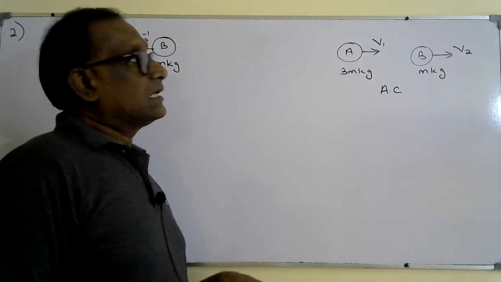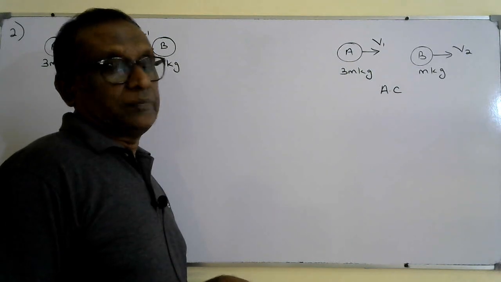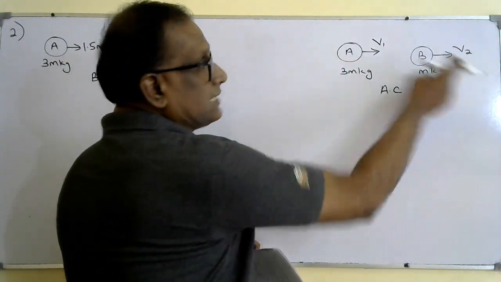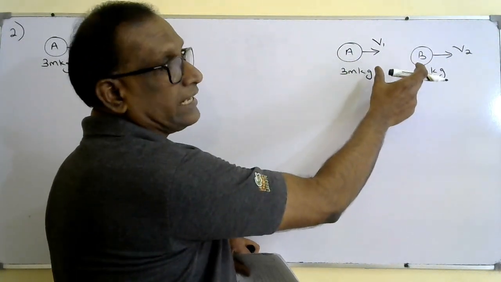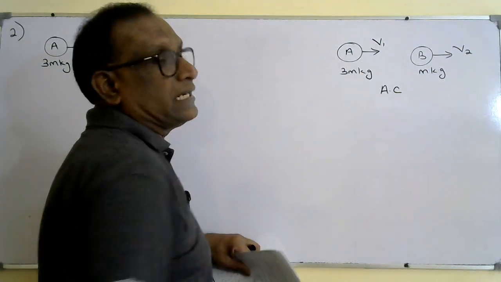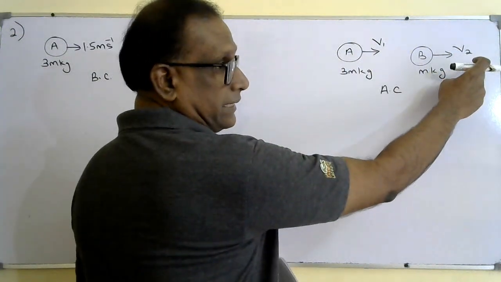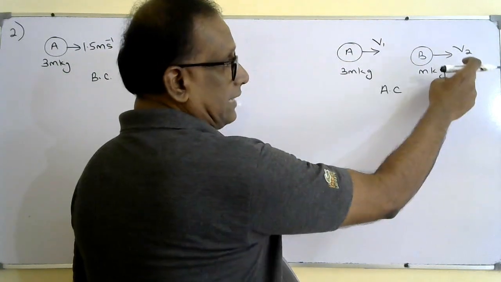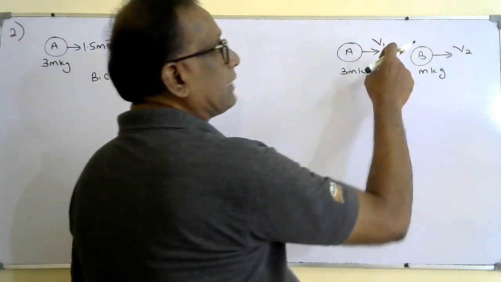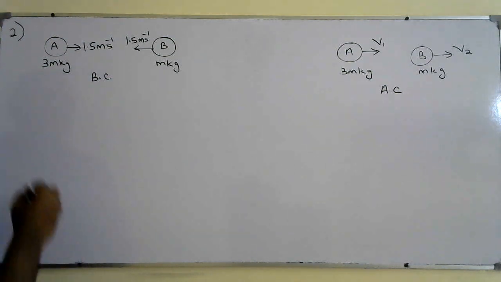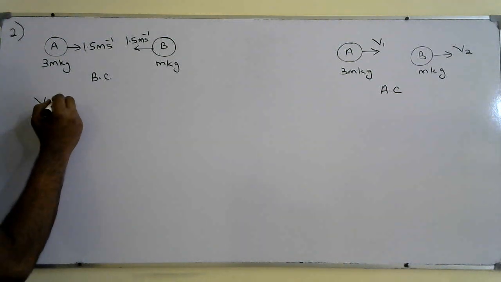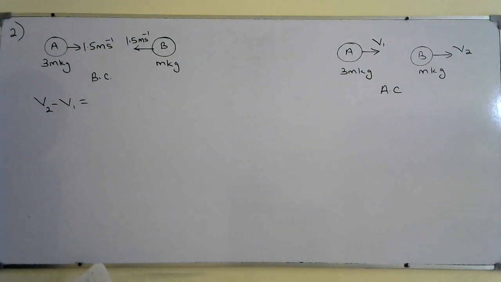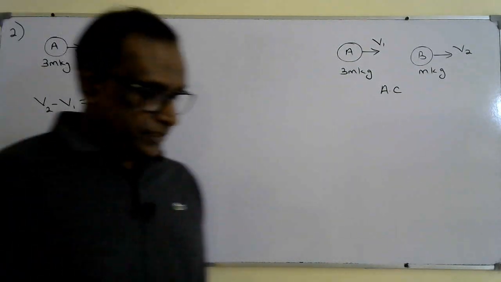Actually V2 minus V1 is equal to 1, because if V1 were greater than V2 immediately after collision, again there will be a collision. So this cannot be greater than this one, so certainly V2 will be greater than V1. So I can say V2 minus V1 is equal to 1. That is one of the pieces of information given.